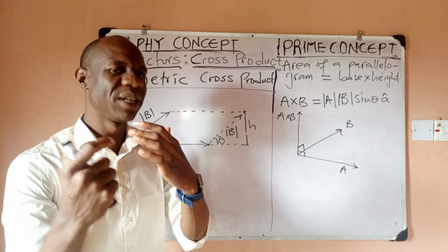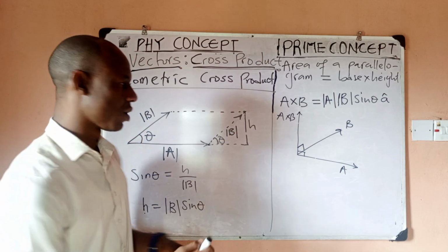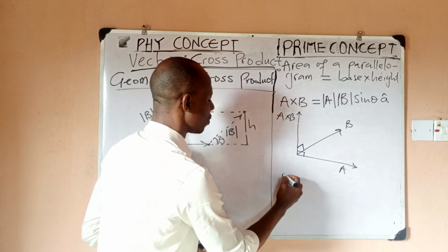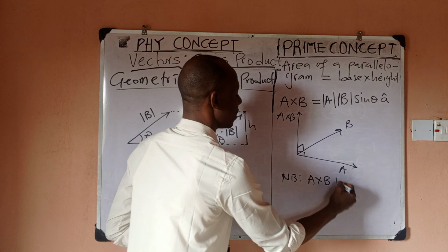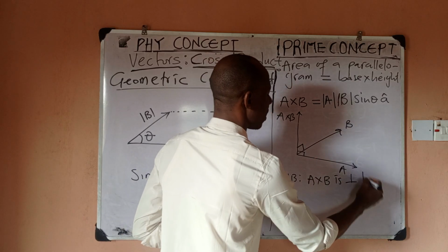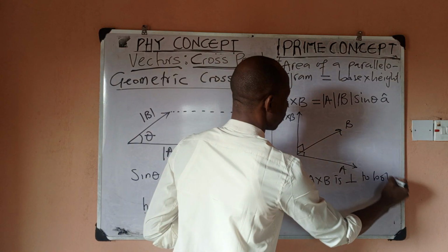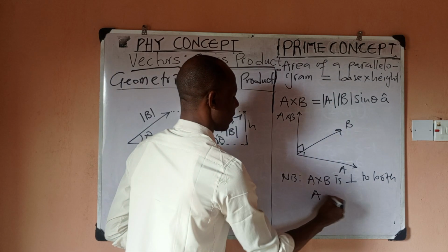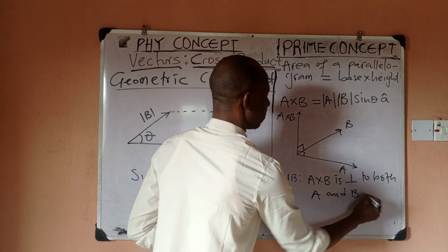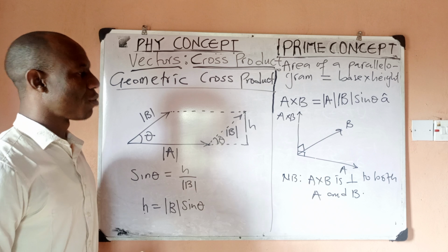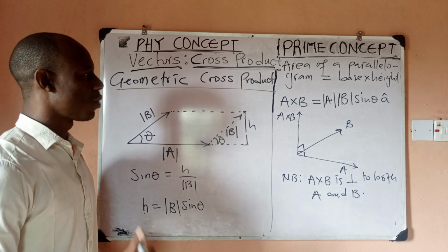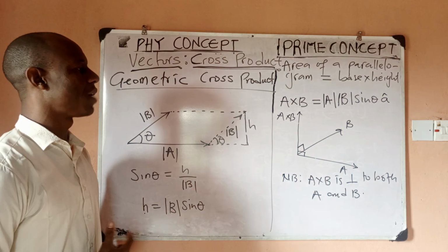And we're going to see the implication of this statement I've mentioned. But let me quickly write it so you note. There's a point to note. A cross B is perpendicular to both A and B. This is going to give us a very important point to use later on when we're looking at multiplication of three vectors.